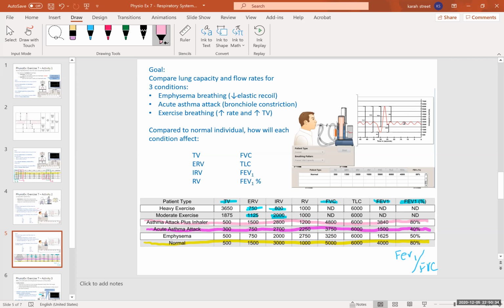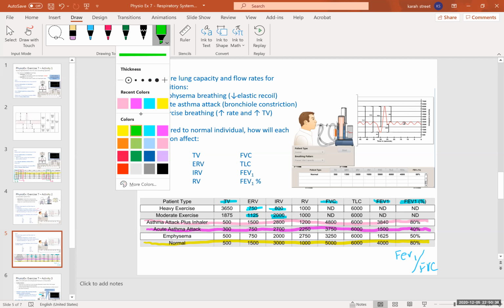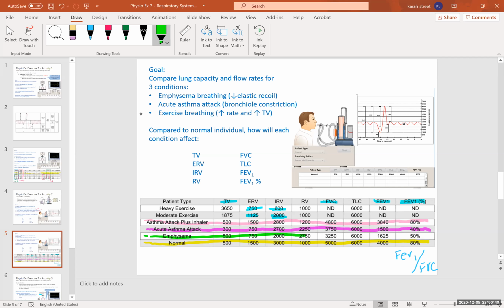Now let's look at our patient with emphysema, which I will highlight in green. And again, their tidal volume, with patients with emphysema, they have a big problem with gas exchange. They have destruction of alveoli, and they also change their breathing rate and depth.